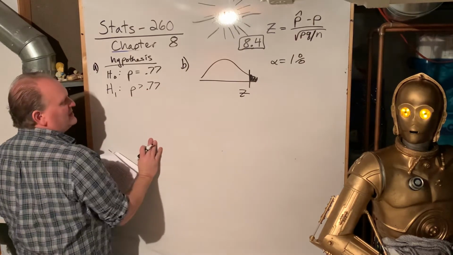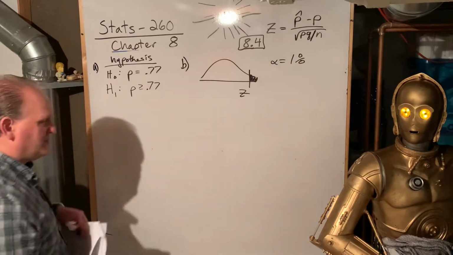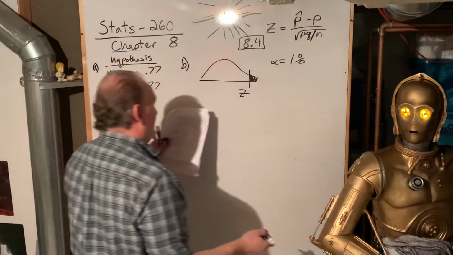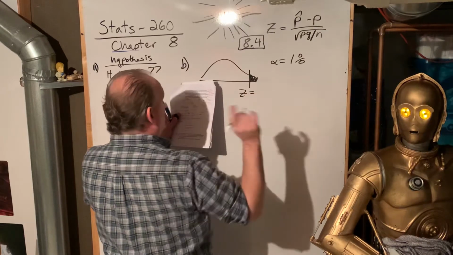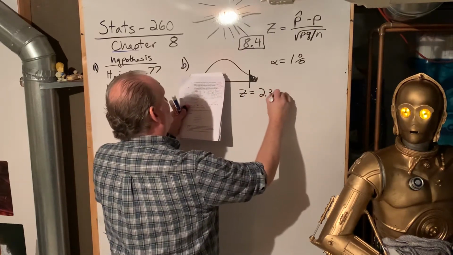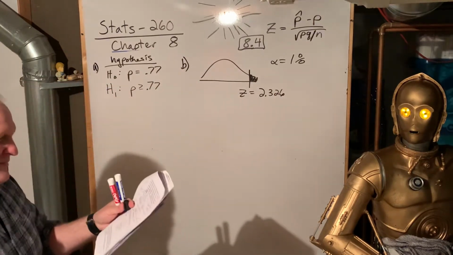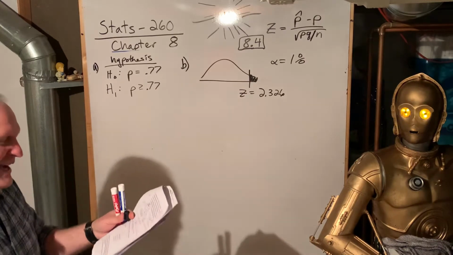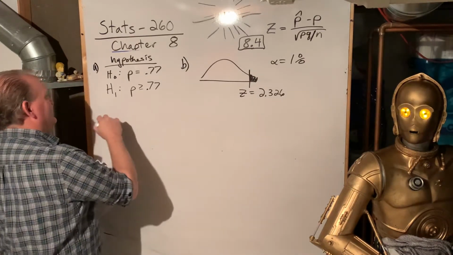So if you gave me just p is greater than 0.77, that's fine in this context. Greater than or equal to is also okay. So z is equal to, we looked that up, one-tailed test, 2.326. And you're going to see why I giggled when I saw his hypothesis.